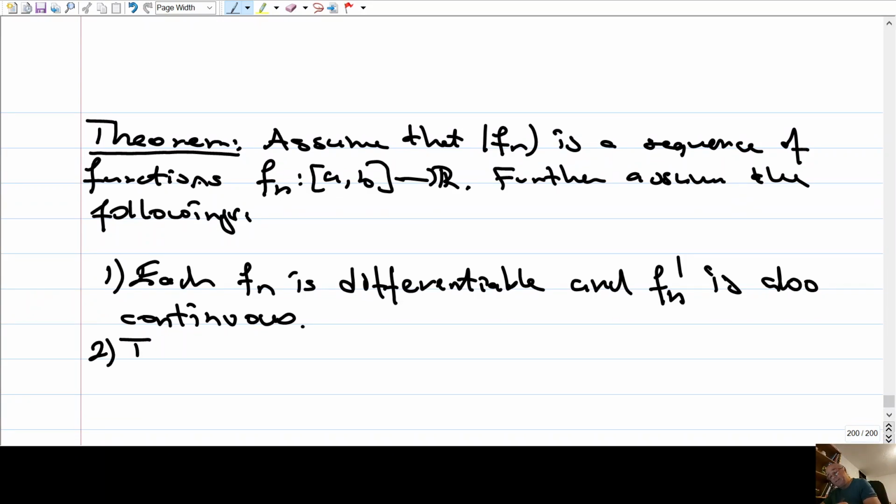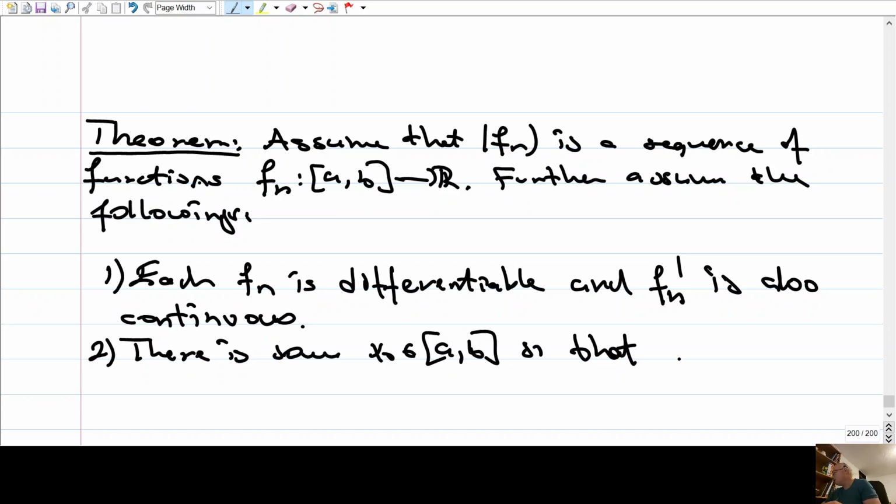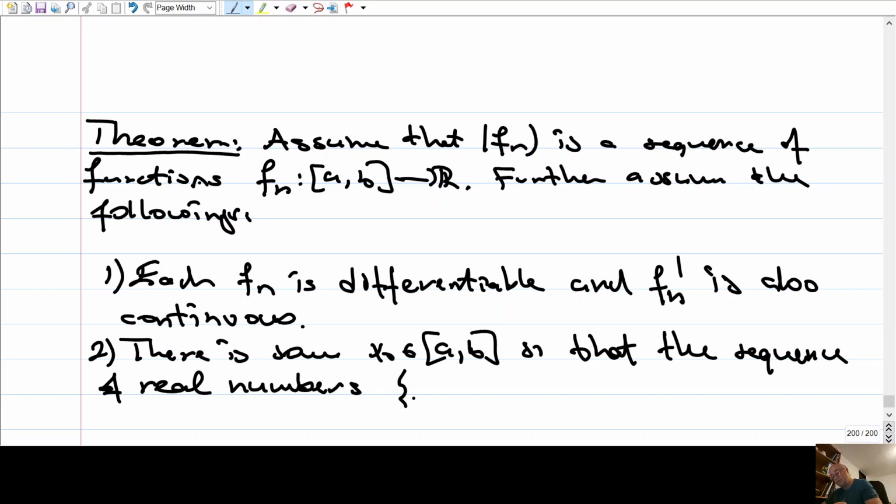Second, there is some x0 in the interval AB, so that the sequence of real numbers Fn of x0 is convergent.